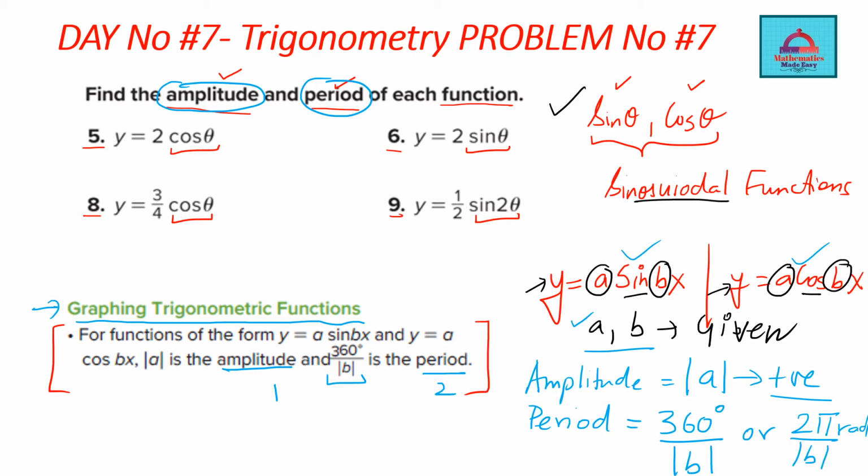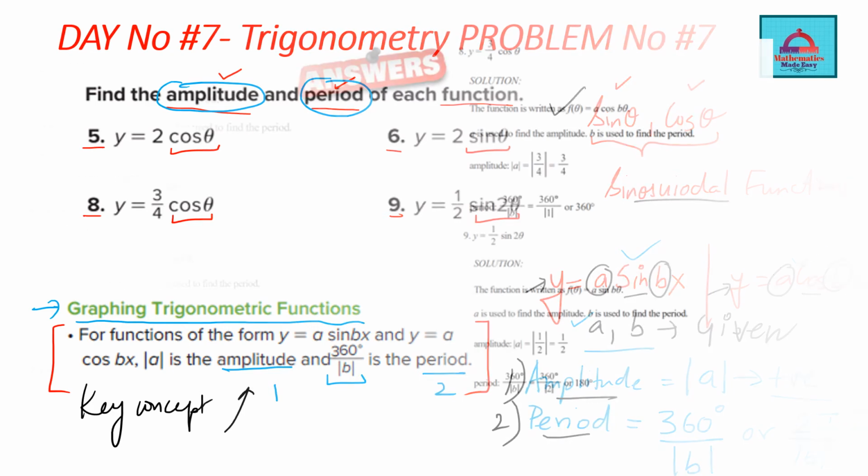Very, very easy. These are the two formulas, number 1 for amplitude, number 2 for period, coming from the key concept written here already for you. If you remember this formula, you can easily solve all these 4 problems. Identify your values of a and b from the given problem, and then substitute in the formula to get the answer.